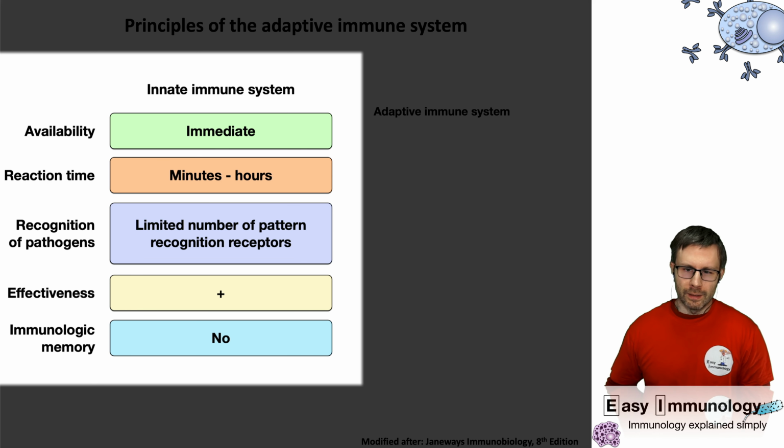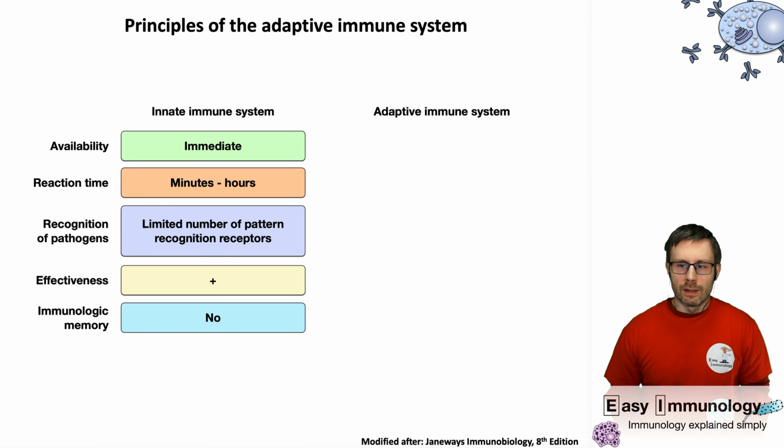We looked at the different classes, and this is rather effective. As I said, eliminating 95 to 98% of all pathogens, but broadly speaking, it doesn't remember what it did yesterday, and therefore if you are reinfected with the same pathogen, you have to start the whole cascade again, and this is not the most efficient way to do this.